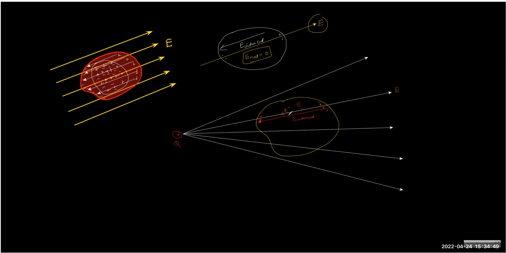So because there is a time duration up to which this will occur, eventually when both become equal, then the net field will be how much? Zero. So the question is, how much time does it take to make this possible?